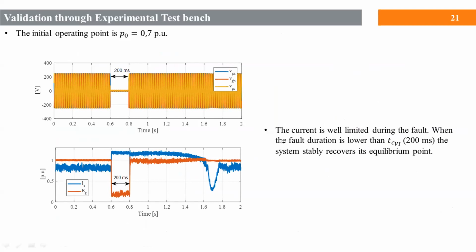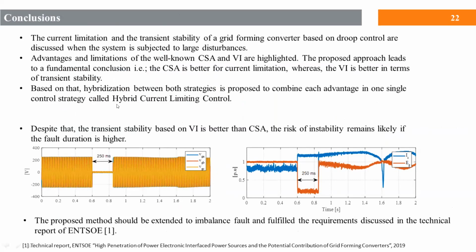So I will skip a little bit of the conclusion, because the main conclusion was that CSI is better, as I said before, but the hybridization of both methods can combine the advantage of each current limitation at once.